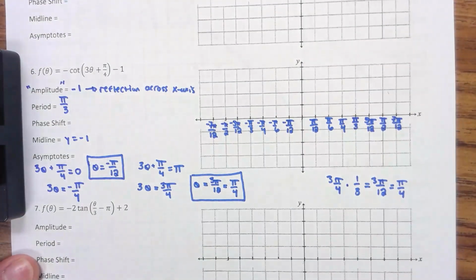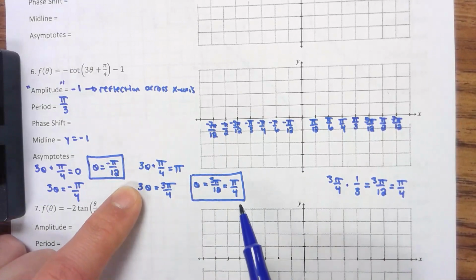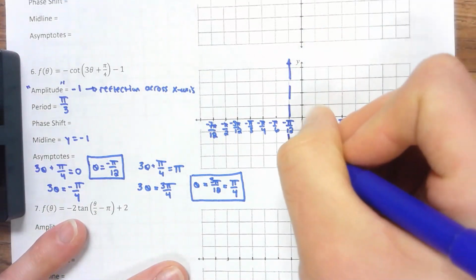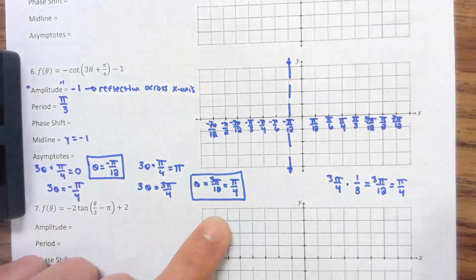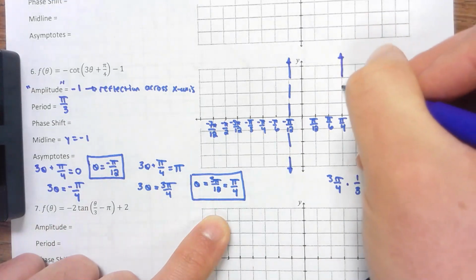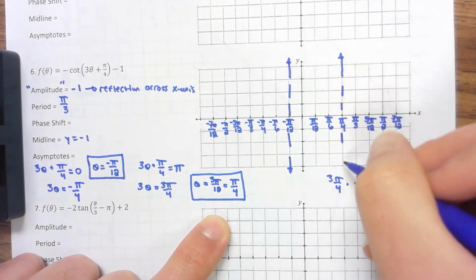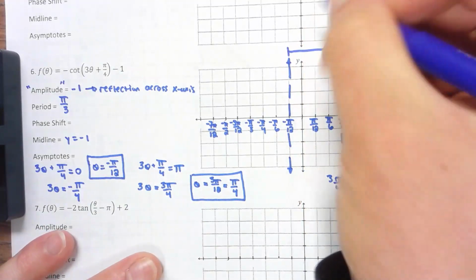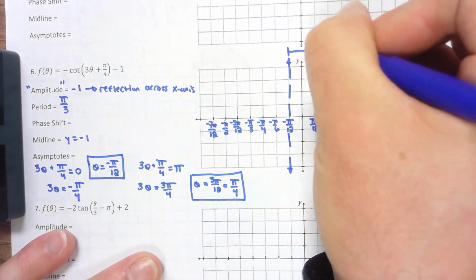All right, so now my asymptotes, based on the work we had done earlier, are at negative pi over 12, and then pi over 4, and this distance here is our period, which is pi over 3.